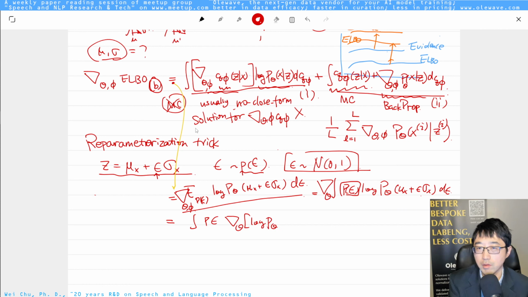Make sense? Then you can do the Monte Carlo sampling now. And then it becomes what?